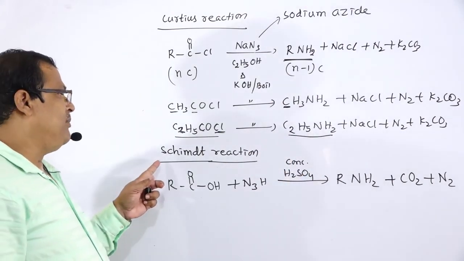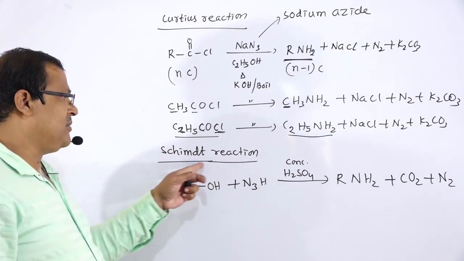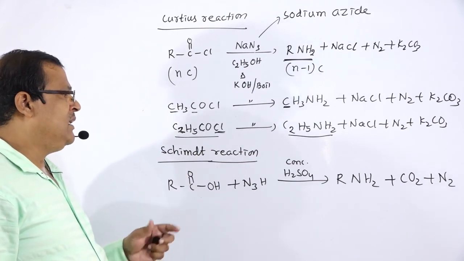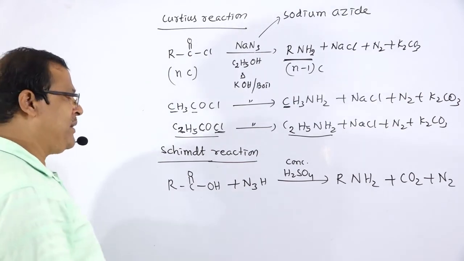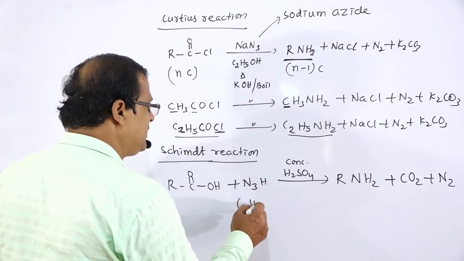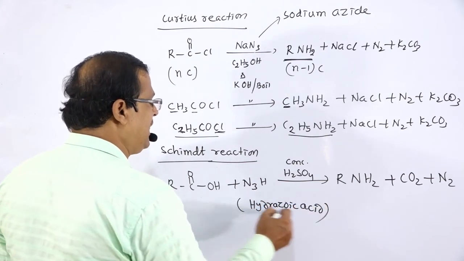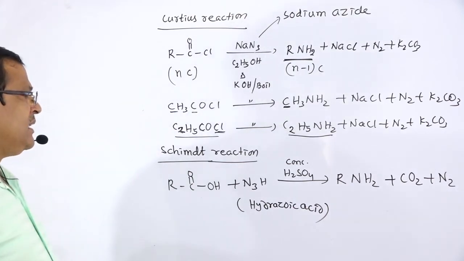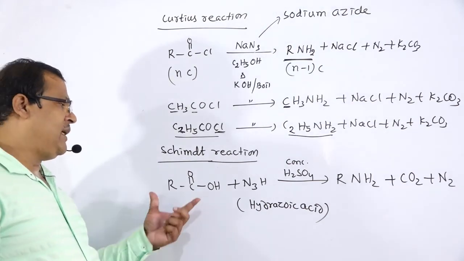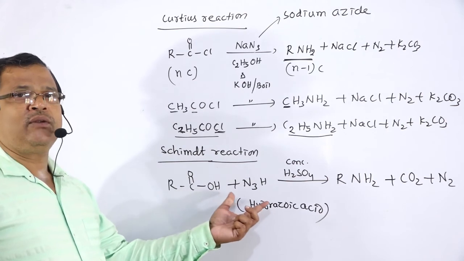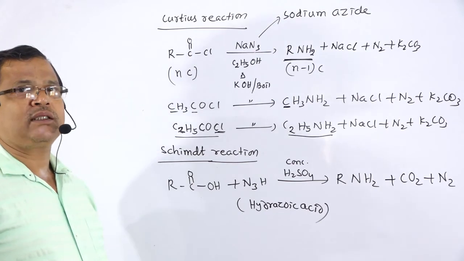Similarly, there is the Schmidt reaction. What is the Schmidt reaction? It is the reaction of a carboxylic acid in the presence of hydrazoic acid, N3H. Carboxylic acids treated with hydrazoic acid give an amine with one carbon atom less.